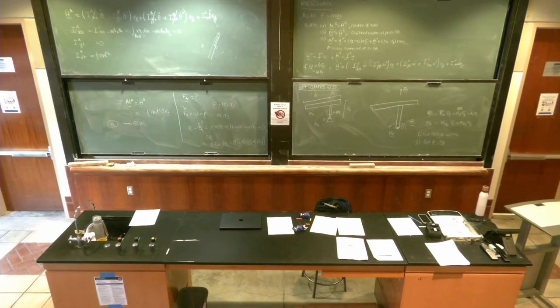Just the horizontal and vertical: two weights of the horizontal, weight of the vertical, this couple, and the reaction force and the reaction moment at the base. So you remove the support and you put the reaction forces and moments at the support instead. Just add the weight of the vertical bar, the shaft.